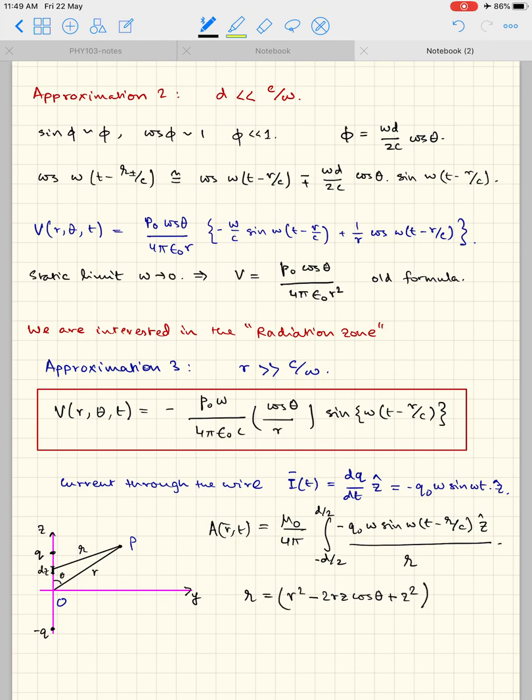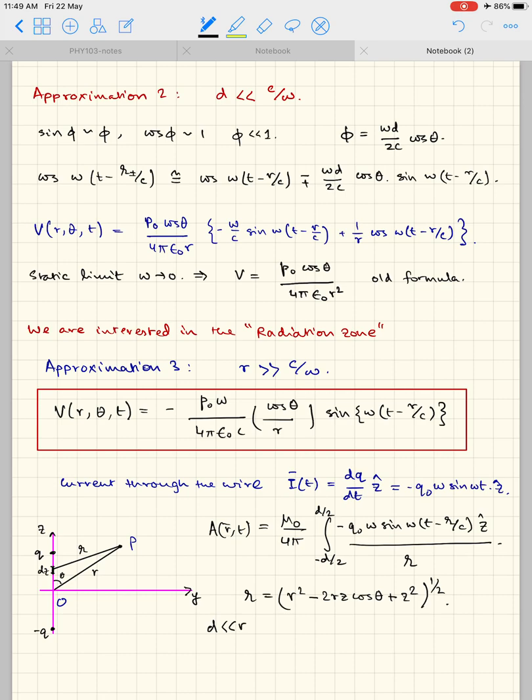Now remember that we are working in an approximation where z takes limits of integration given by d, and you also have that d is much less than r.